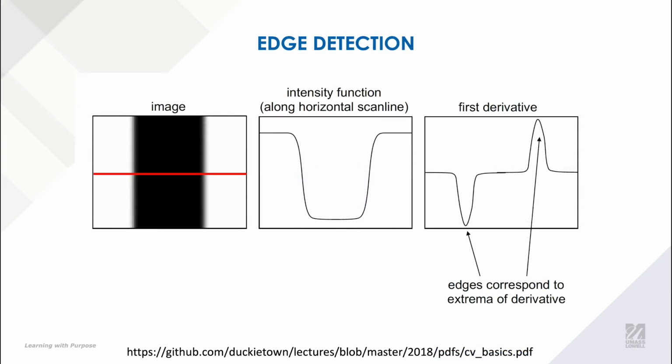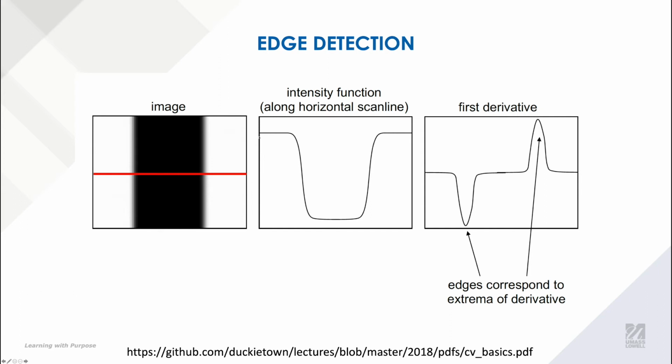Now let's actually talk about edges. And first off, we need to define what an edge is. If you look at the left-hand side of this image here, if you're thinking about this image going from left to right, and you graph the intensity of it, we start out in white here, which is really high, like 255, and then we go into black, which is really low, like 0 or small numbers like that. Then we go back to white, which is 255 up here.